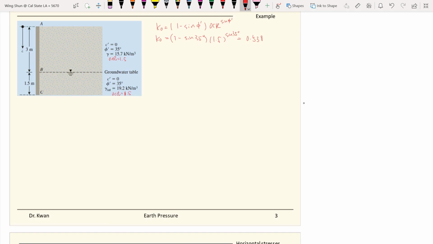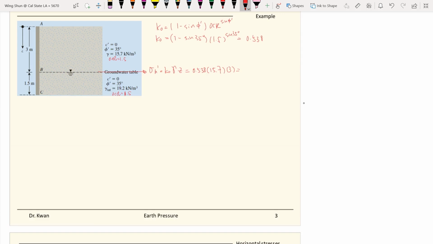Now if we calculate the stress at the depth of 3 meters here, the horizontal effective stress will be equal to K naught times the unit weight times the depth. So here it is 0.538 times the unit weight, which is 15.7, and the depth is 3 meters.